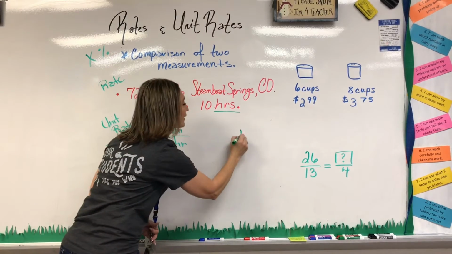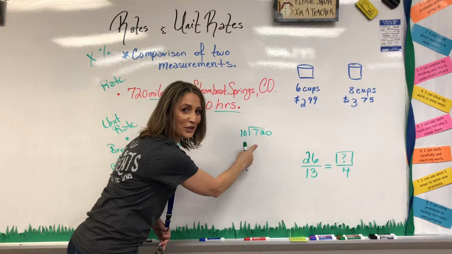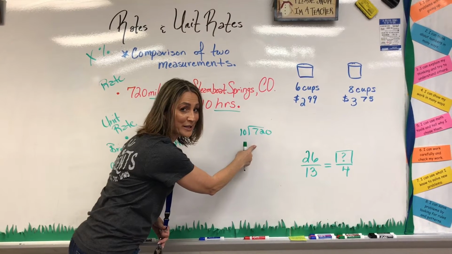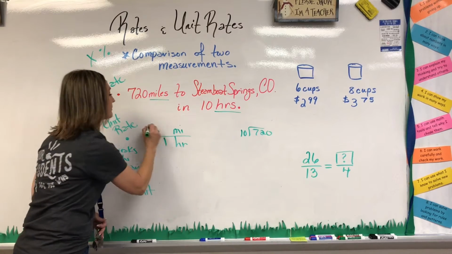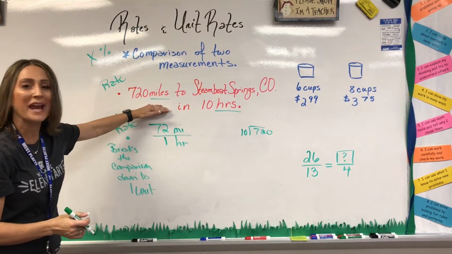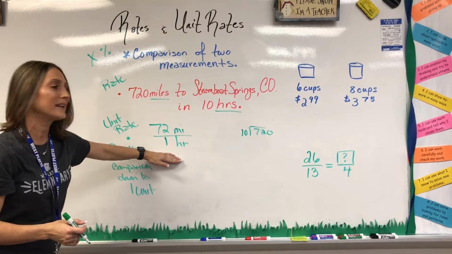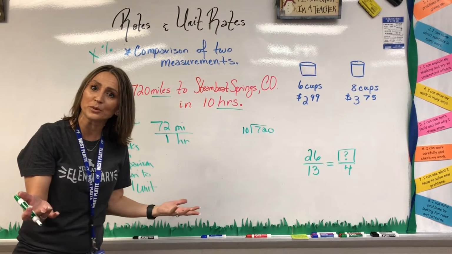They can come over here and do this if they want. But you know what I'm going to say about that? Good number sense should tell you what this answer is without you having to do the long division process. They should be able to tell me 72 miles in every hour. That's taking a rate down to a unit rate. And they're like, oh, okay, I guess we do use those. I guess my parents would have used those.